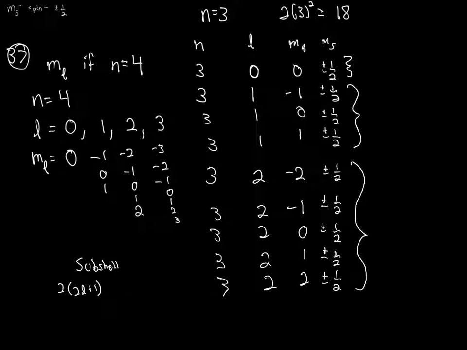So if I have 0, 2 times 2 times 0 plus 1. What's 2 times 0? 0 plus 1? 1. 1 times 2? 2. I get two electrons.